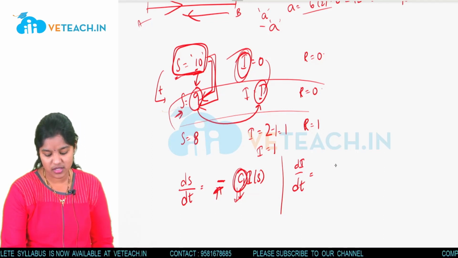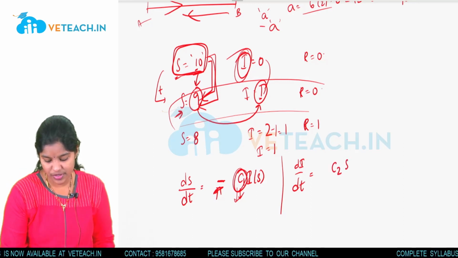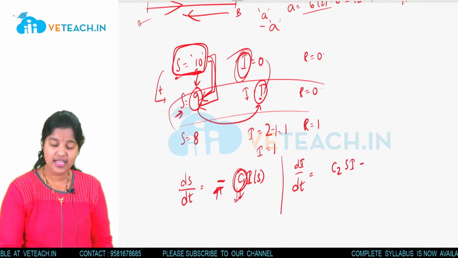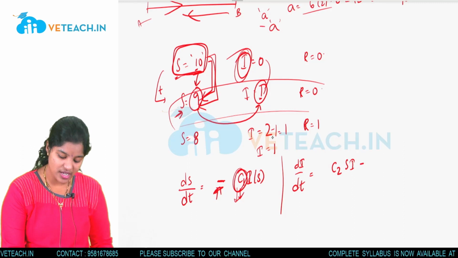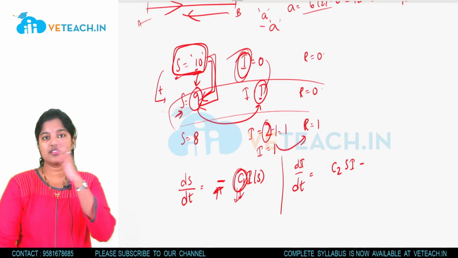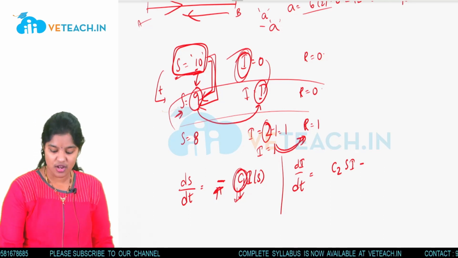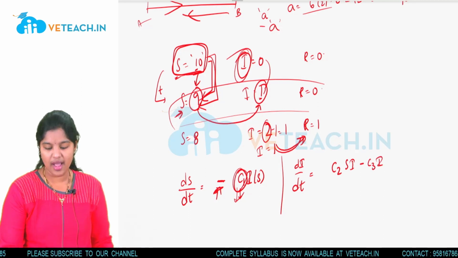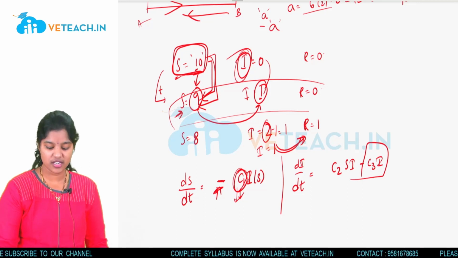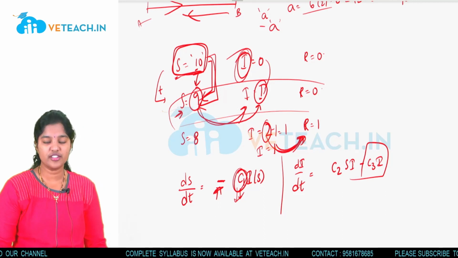So it is some constant C2 into S into I, because the value keeps on increasing, minus, again minus. Why am I writing minus again? If 2 are infected and 1 recovers, the value decreases, because recovered persons are increasing. So I am writing C3 into I. I write minus because the infected persons decrease due to recovery, and they increase in case of infection.